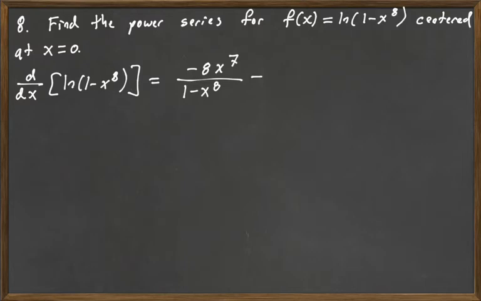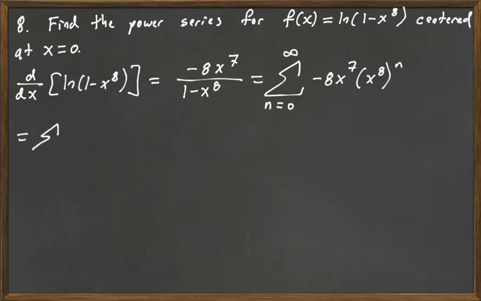And this is a geometric series here. Sum n equals 0 to infinity. A would be negative 8x to the 7th, and your r would be x to the 8th, and then we'll raise that to the nth power. And so this will be convergent provided that x is between negative 1 and 1.